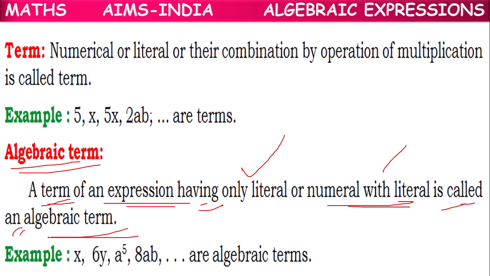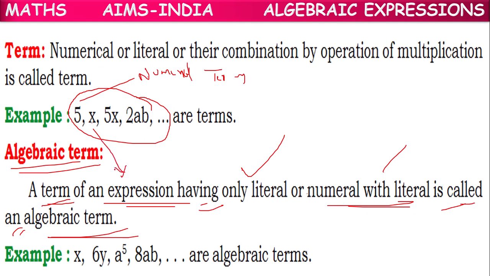If you take these terms, in 5 we have only numeral. It is a numerical term because it is having only numerical value. But whereas this x, it is having literal term, and this is having a combination of both.